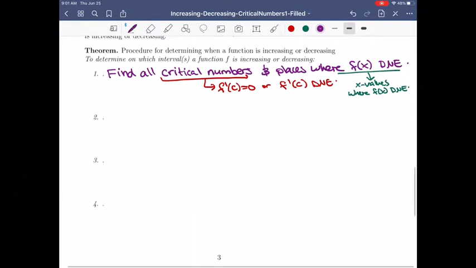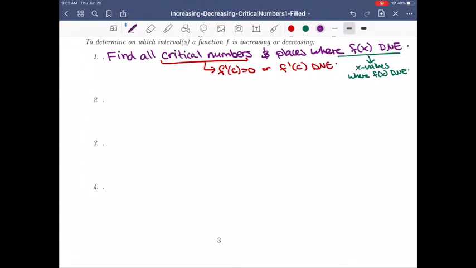So we find all these numbers, and then what we do is place these numbers on a number line.